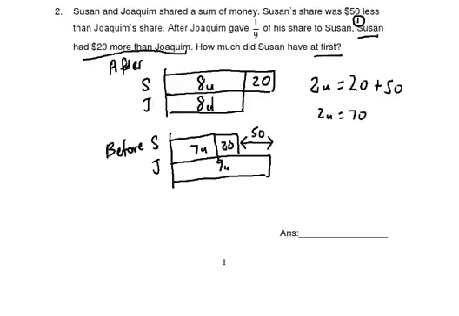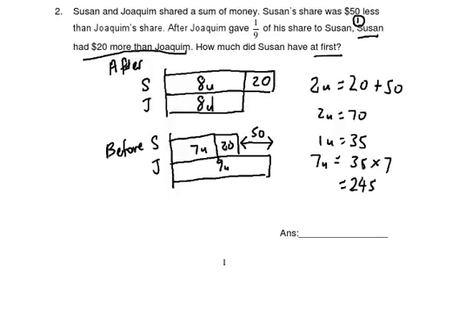1 unit equals to? So if 1 unit is 35, how much did Susan have at first? I just need to do 7 units first, right? Equals to 35 multiplied by 7. What do you get? 200 and? 245, yes.